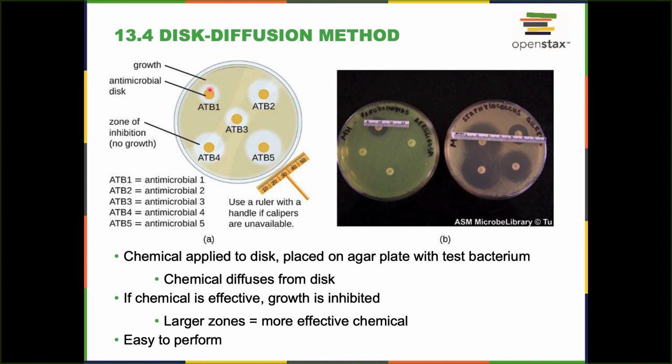So if the chemical is especially effective, the zone of inhibition will be larger. So a larger zone means that the chemical is more effective, whereas if it's less effective, you're going to see a smaller zone of inhibition, right? So we can then use that to test the effectiveness of a chemical against a specific bacterium.